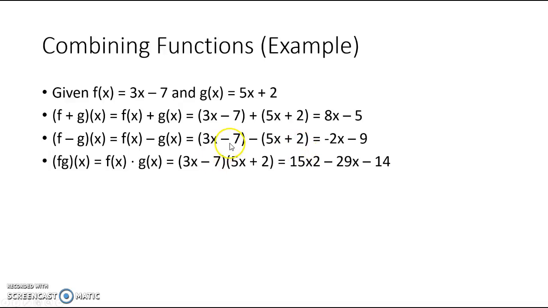And then we take negative 7 times 5x, which will be a negative 35x. And then we take negative 7 times 2, which will give us a negative 14. And after combining the like x terms, we get 15x squared minus 29x minus 14.